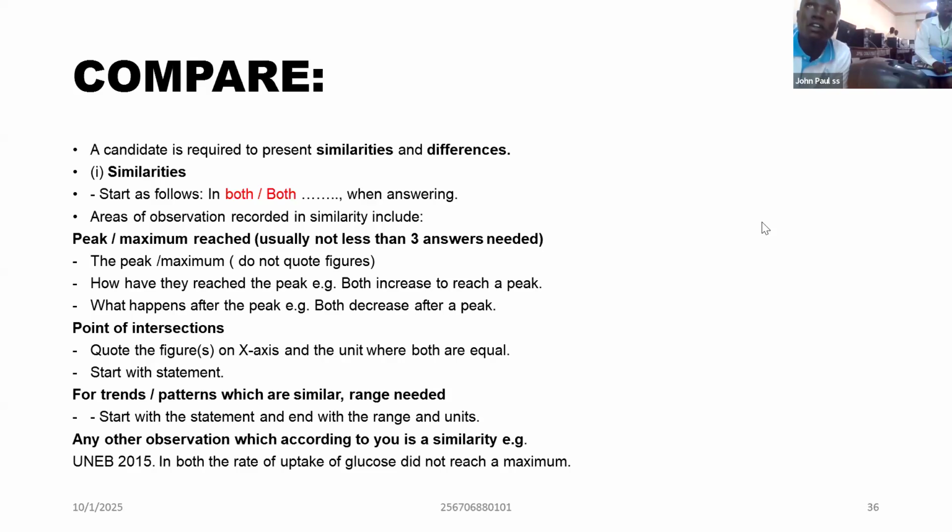For the opportunity. In your point of the peak reached, where similarities are, in the first point you have said the peak or maximum, then you have quoted into the brackets. Do not quote figures. Briefly go through it, because we don't know whether we do not quote the figures after the peak is formed, or what you are trying to mean.